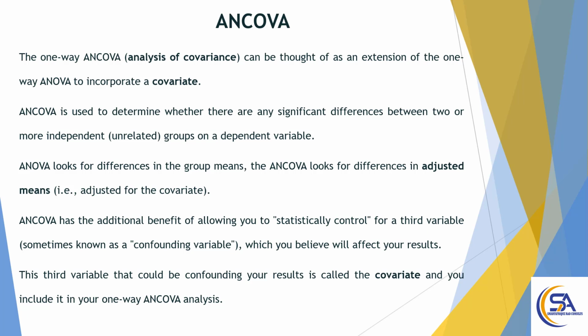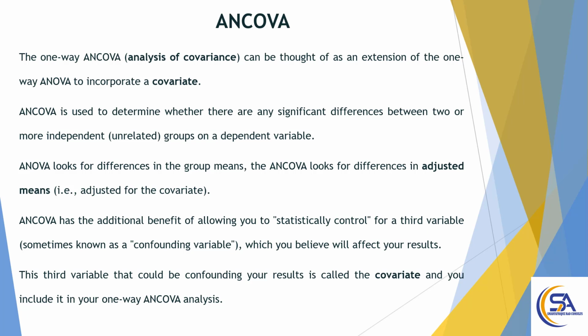ANOVA overlooks the difference in the group means. The ANCOVA looks at the difference in the adjusted means. ANCOVA has the additional benefit of allowing you a statistical control for a third variable, sometimes known as a confounding variable, which you believe will affect your result.